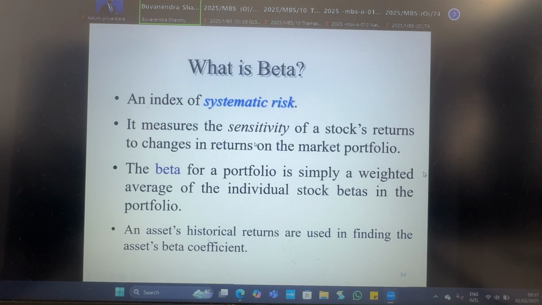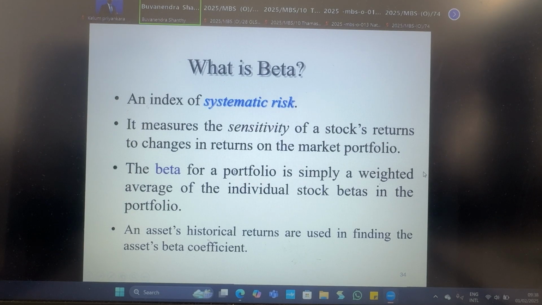So how much the company return changes with the overall market return, that proportion, that slope, is called beta.